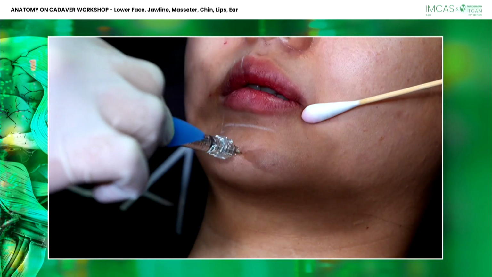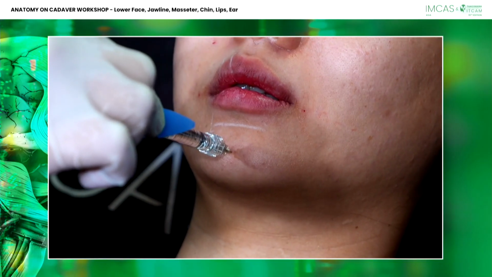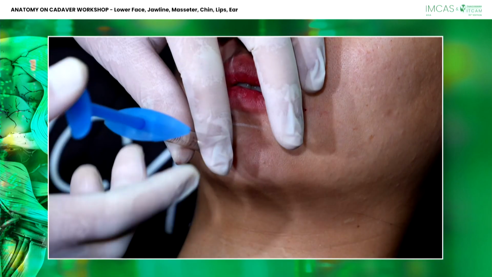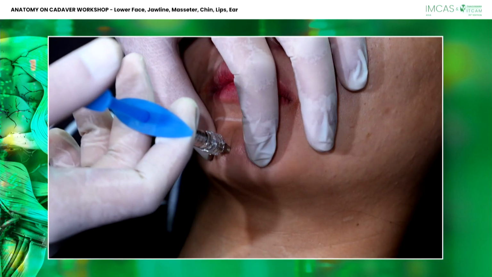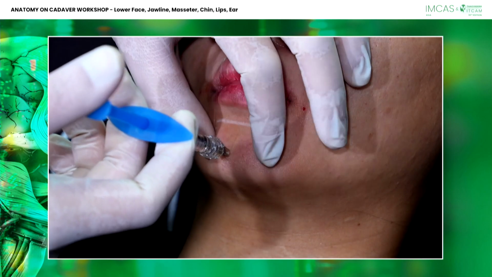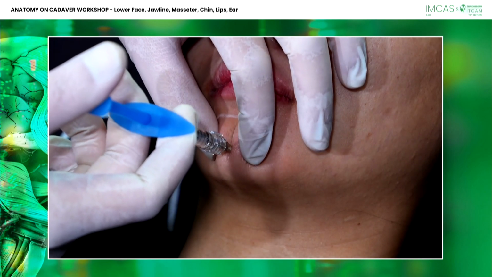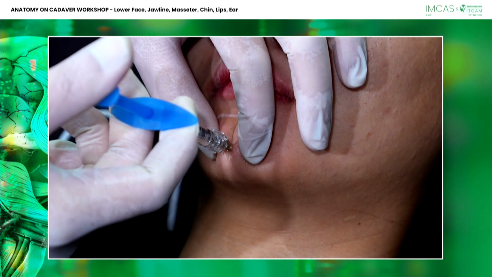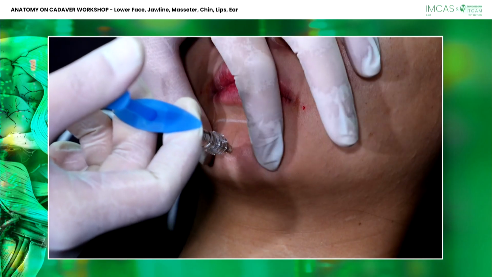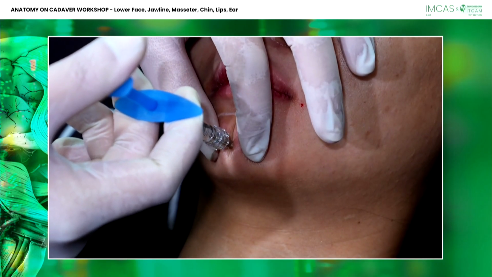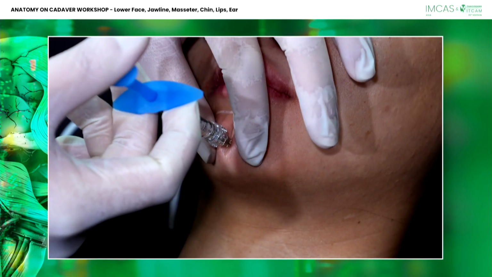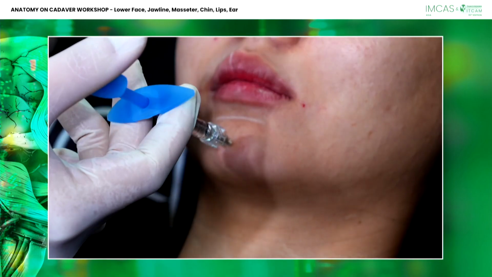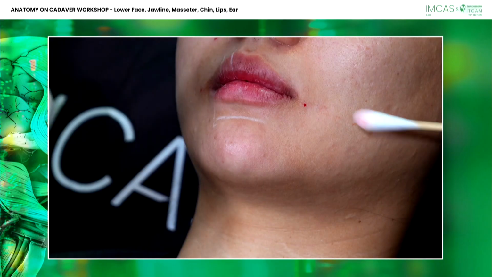Do the aspiration, because Dr. Som already showed us that there's a chance of an ascending artery. Yes, 0.4 cc.